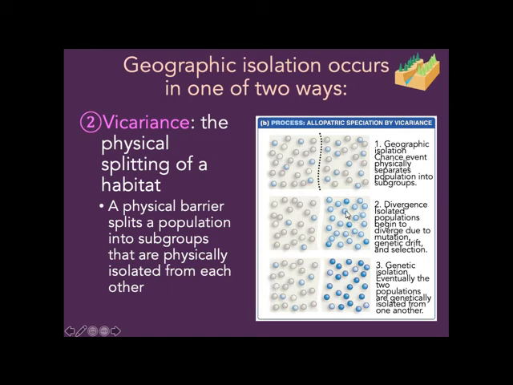It could be that the environment is slightly different over here, a little drier or wetter, and the blue alleles are favored, so they increase over time. Or you get a new mutation that happens to be advantageous and it spreads over here. And then eventually the two groups become so different that even if they were to merge back together, they would no longer be able to interbreed.